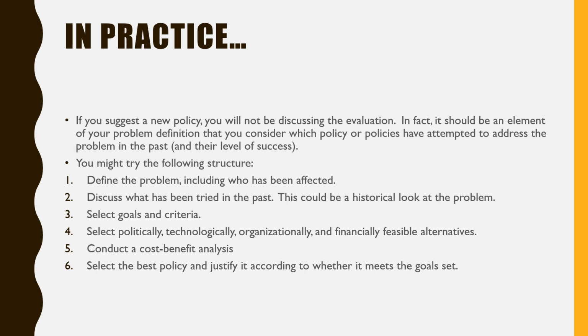You could select politically, technologically, organizationally, and financially feasible alternatives. And then you could conduct a cost-benefit analysis, or at least a comparison of the alternatives and what you expect will happen. You can select the best policy and justify it according to whether it meets the needs and goals set.